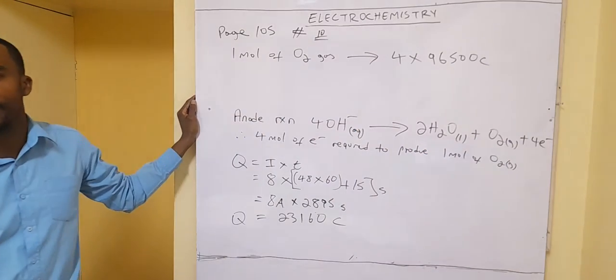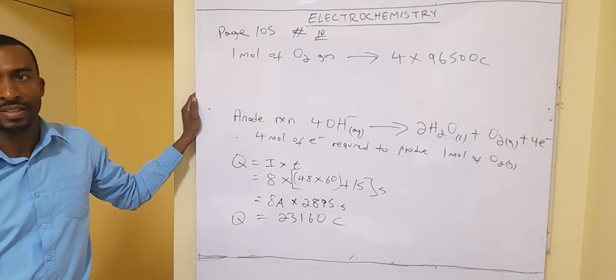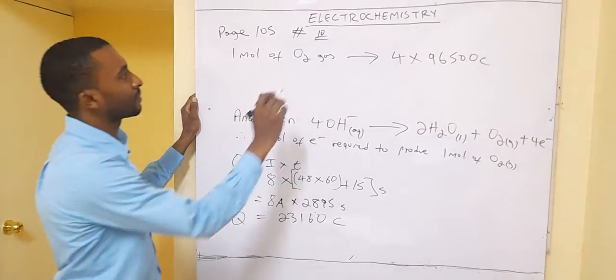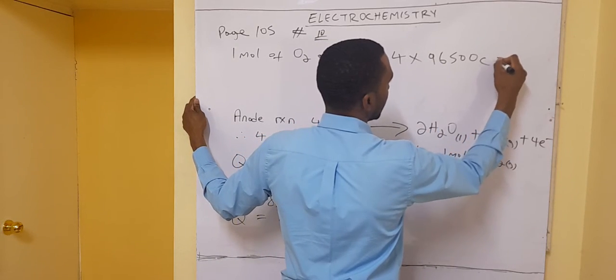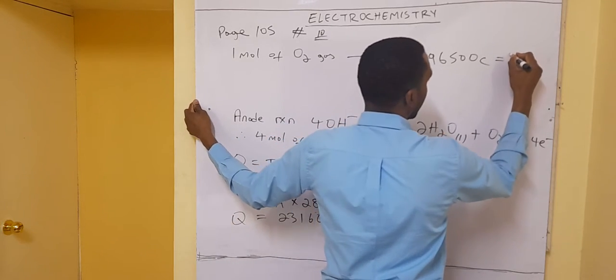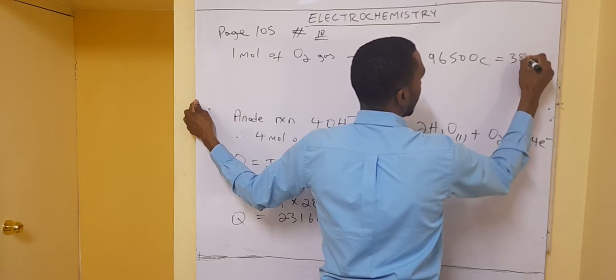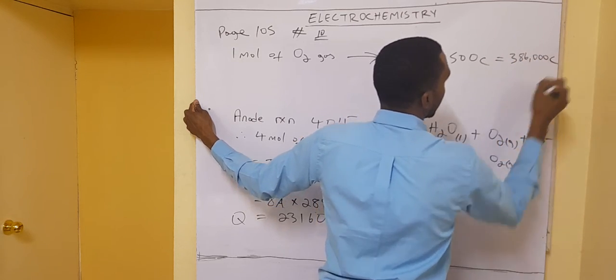All following, right? Because 4 moles of electrons would discharge 1 mole of oxygen gas. This is equal to 386,000.